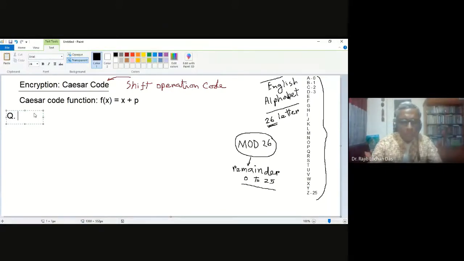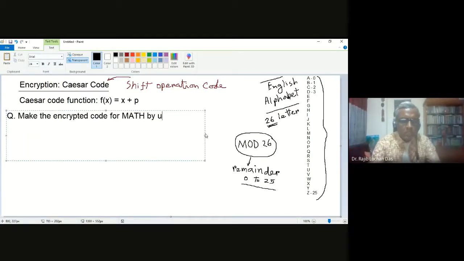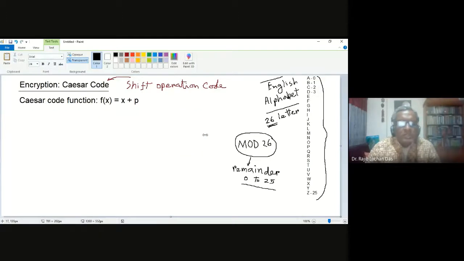Make the encrypted code for MATH by using the Caesar code function f(x) equal to x plus 3. Say we are doing something simple, and this is the question.